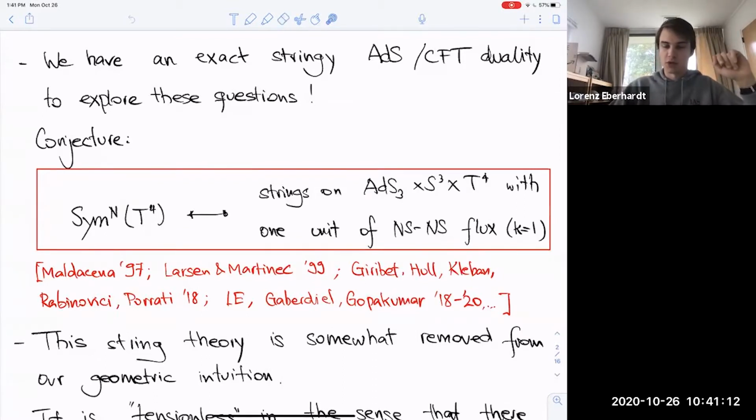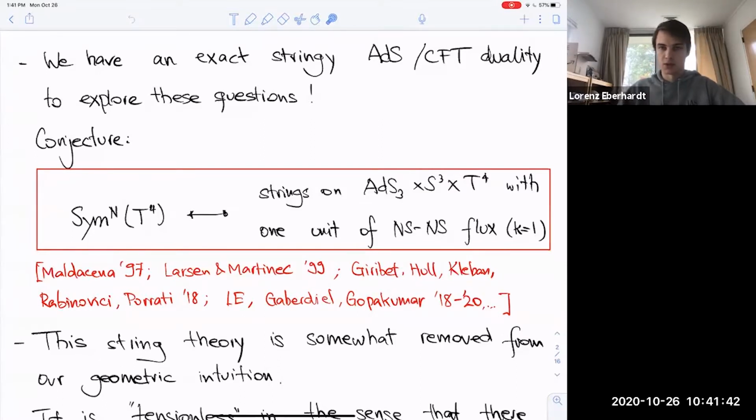For a long time, it was not known what precise moduli on the bulk side correspond to the symmetric product on the boundary. That was recently clarified. The conjecture is now that the symmetric product orbifold is exactly dual, without any further conformal manifold or deformation, to string theory on AdS3, S3, T4 with pure NS background, and it has exactly one unit of NS flux.